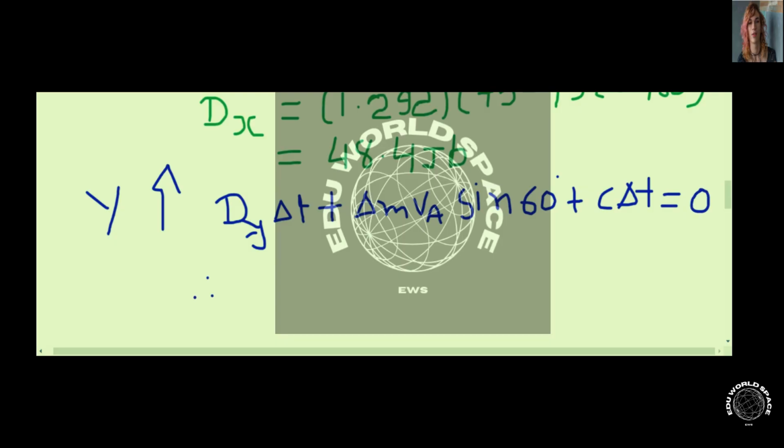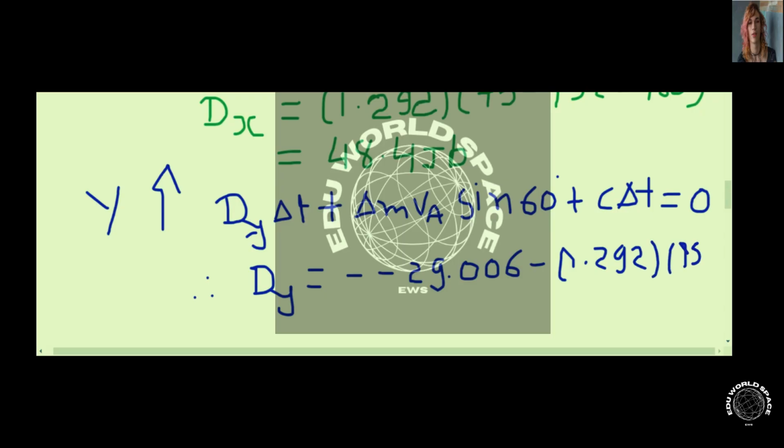Here my Dy will be equivalent to minus 29.006 minus 1.292 into 75 into sin 60.